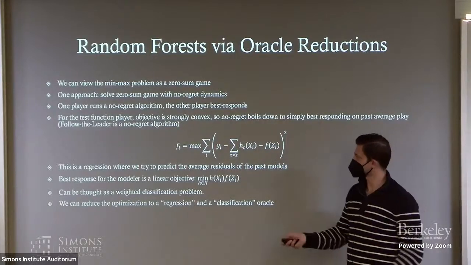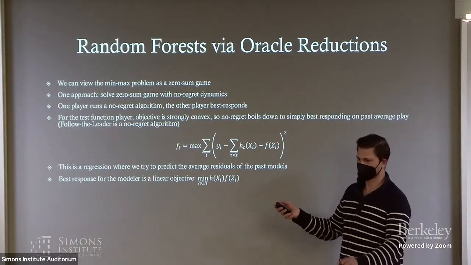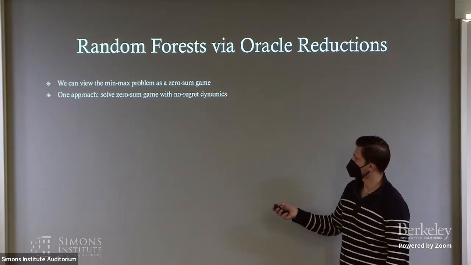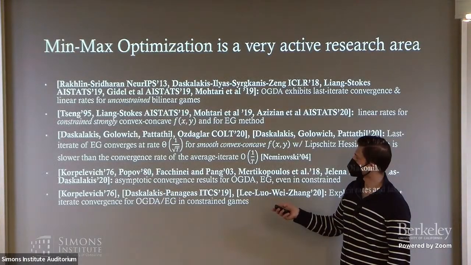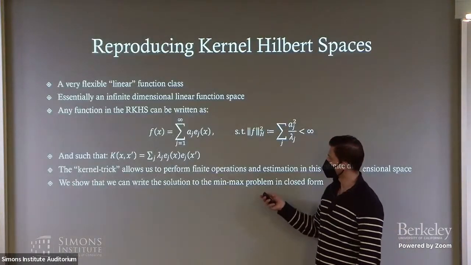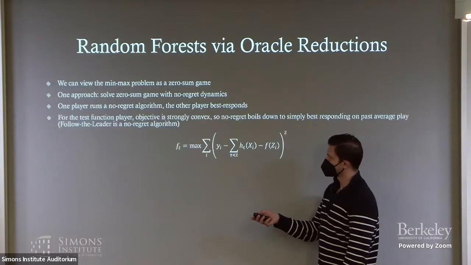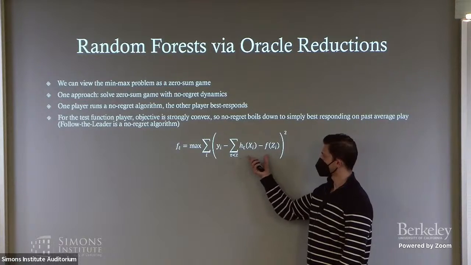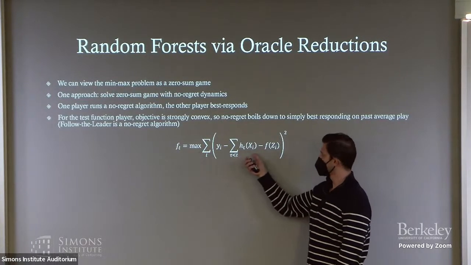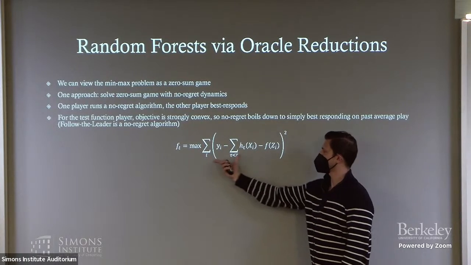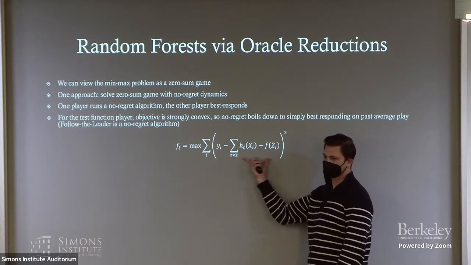So think of the min-max game, right? You look at the value of the game that's inside the min and the max. The max is over the F. One player is trying to maximize that value over F, and if you can complete the squares, you get the square loss.